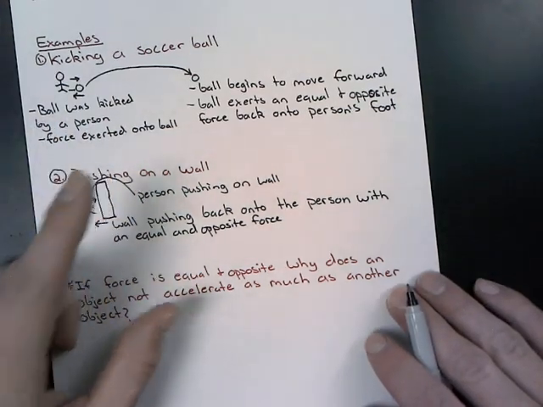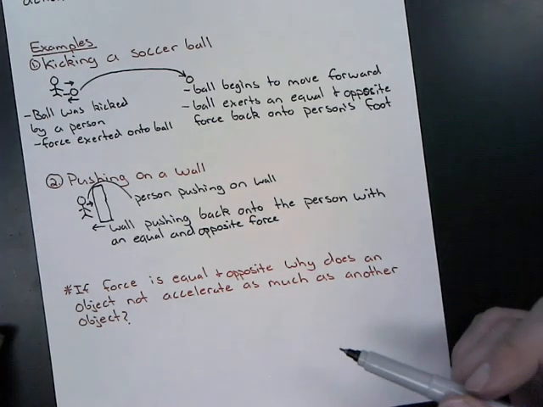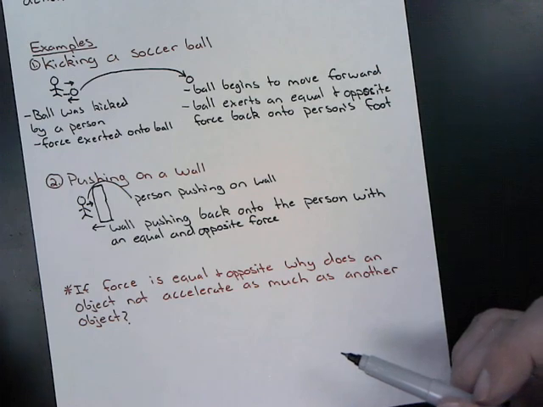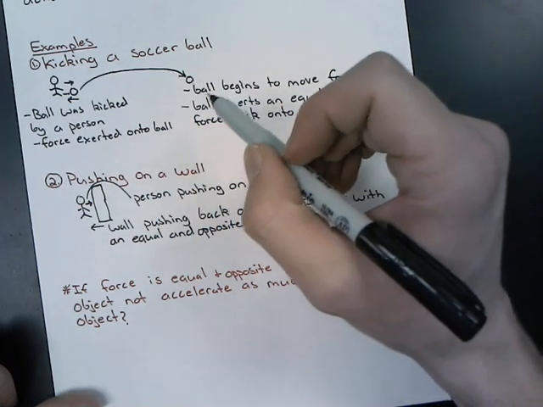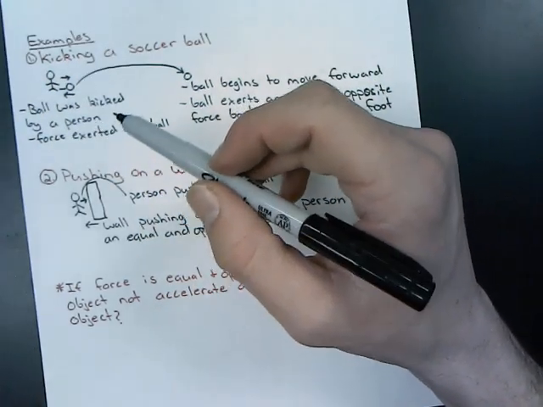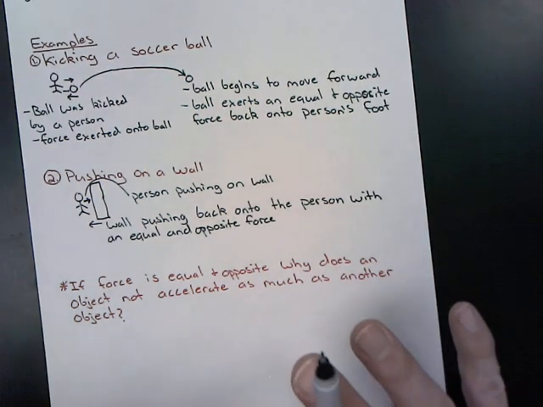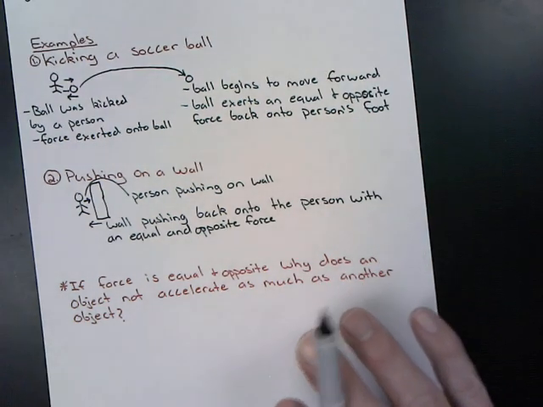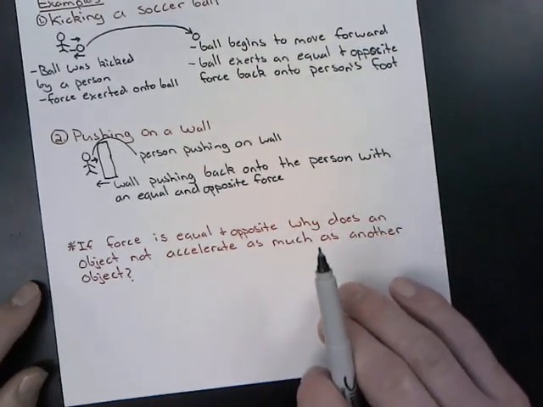The force that person kicked the ball with was the same force that the ball exerted back on the person. So why did the ball go flying forward, but the person stayed relatively the same? Well, the answer to that is going to be in mass. But before we get into that, let's list another example.